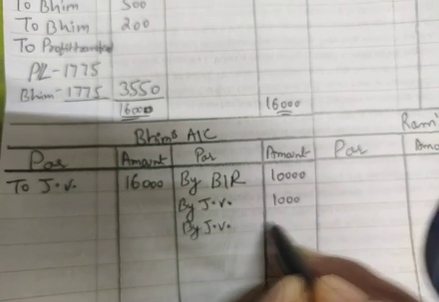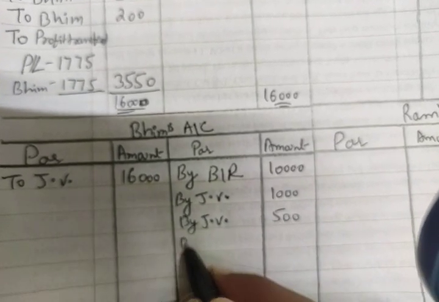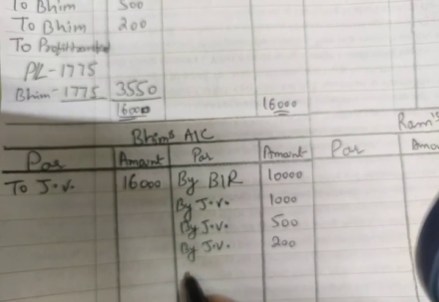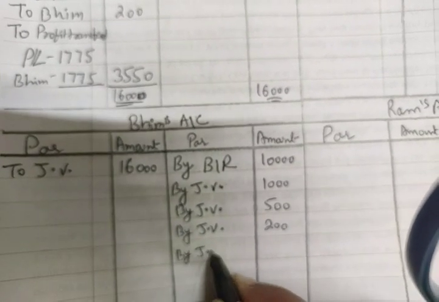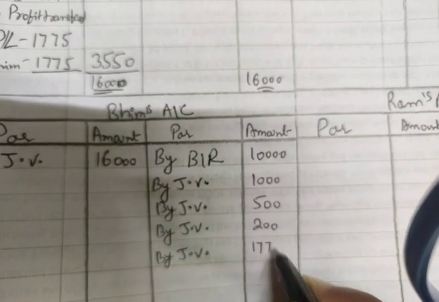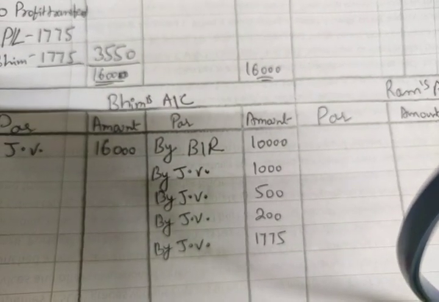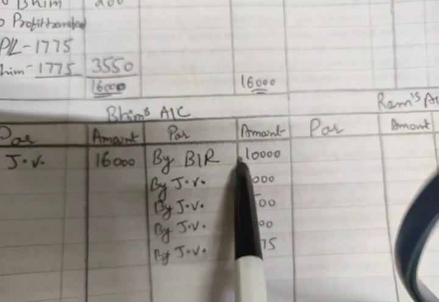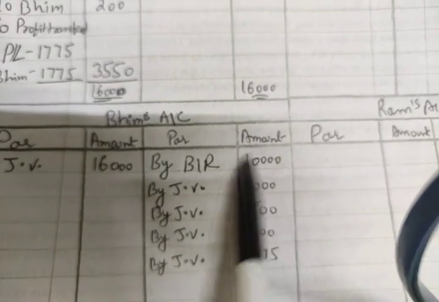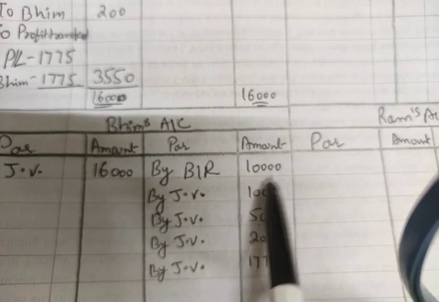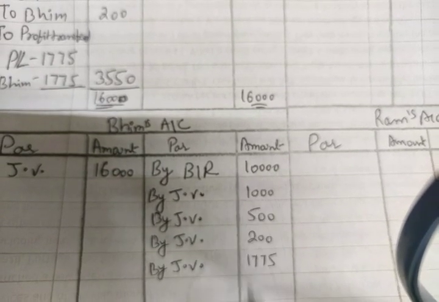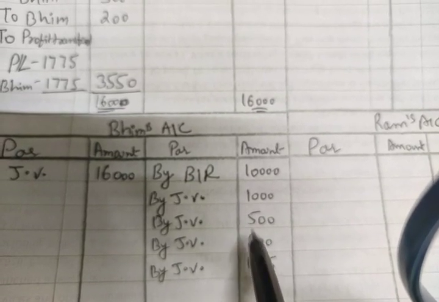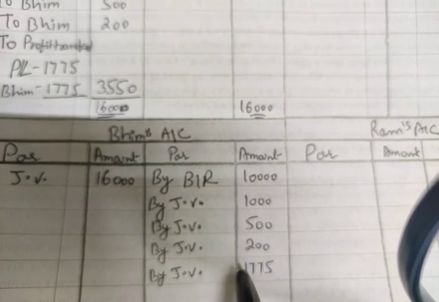By joint venture, commission paid to the agent 500. By joint venture, 200 rupees rent was paid by Bhim. And by joint venture, profit share was 1,775. And we have already done the entry for the bills Ram is supposed to receive from Bhim, that is 10,000. So I believe we have all the entries here.